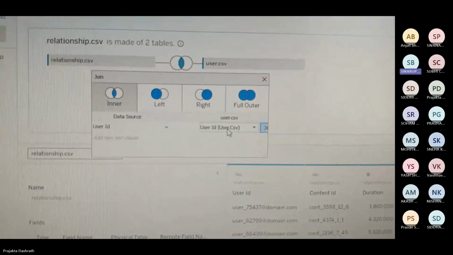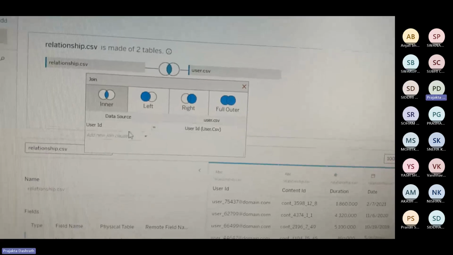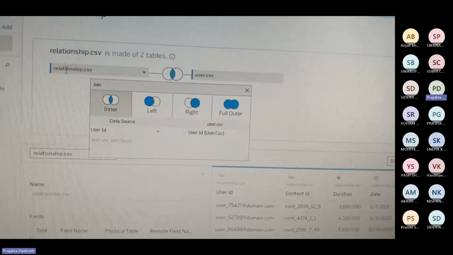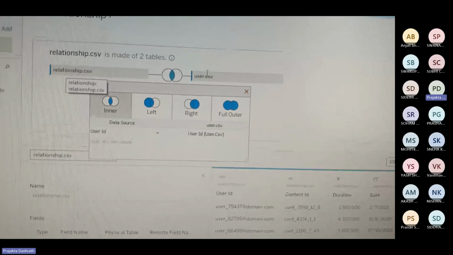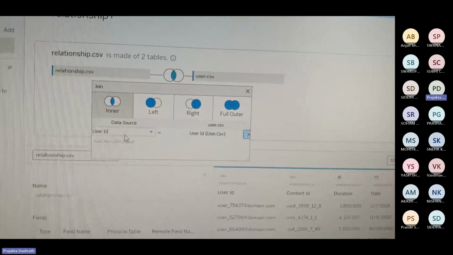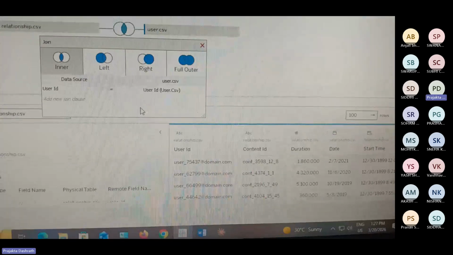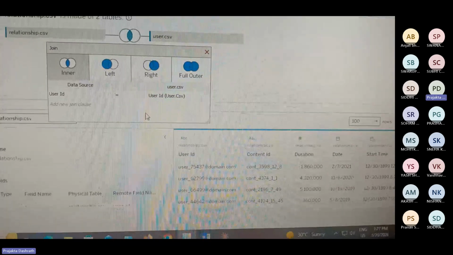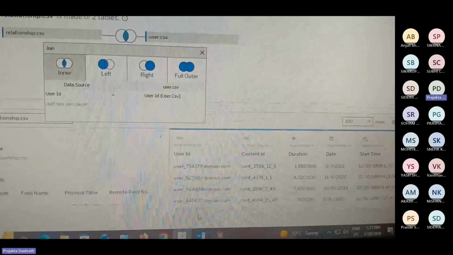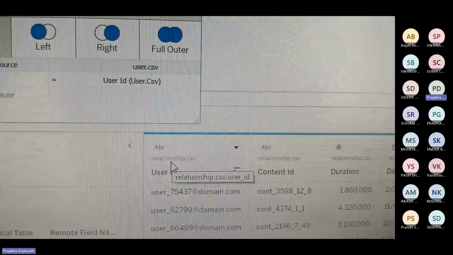Okay, fine. The first table is relationship.csv. Another table is user.csv and the column which is common is user ID. And the result is, as you are able to observe. Yes, this is user ID in the table relationship.